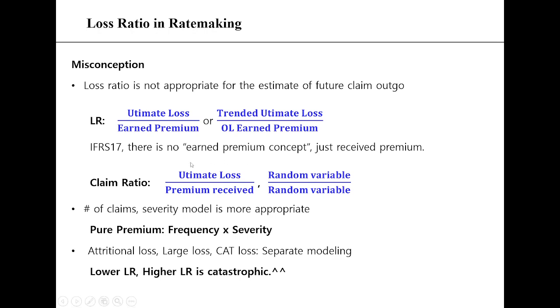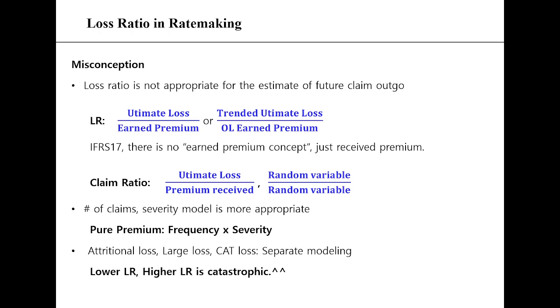But when you look at IFRS 17, from the initial recognition all the way down to the contract boundary, you just estimate all the premiums received, and the numerator is the same thing, I mean, ultimate loss.